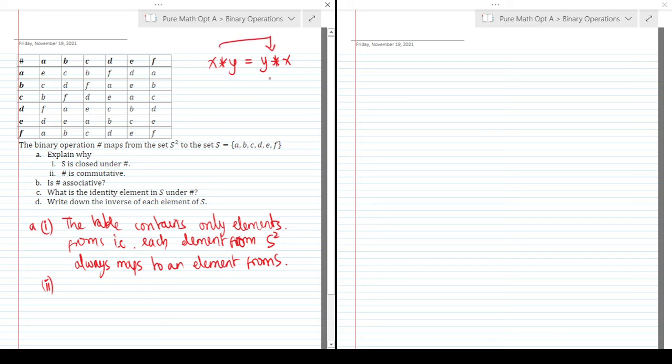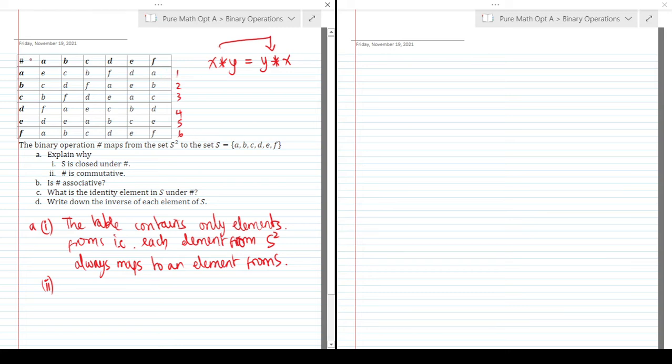When you switch around, going from X star Y to Y star X, it's basically as if you are taking a row and turning it into a column, right? Now, I number the rows: first row, second row, third row, fourth row, fifth row, sixth row.